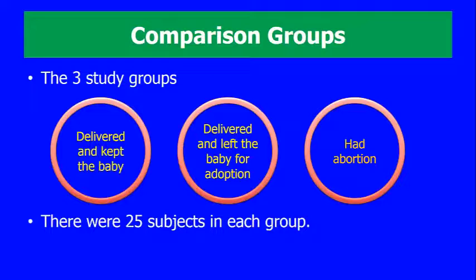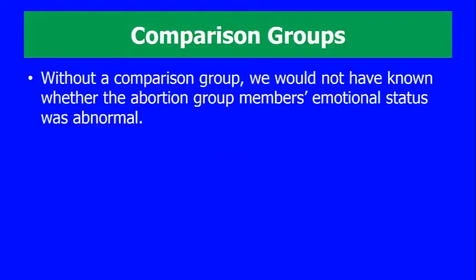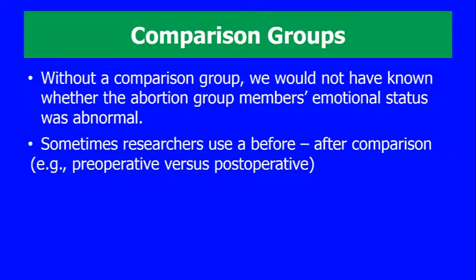And at the end, we have 25 subjects in each group. Without a comparison group, we would not have known whether the abortion group members' emotional status was abnormal or was affected. Sometimes researchers use a before and after comparison.